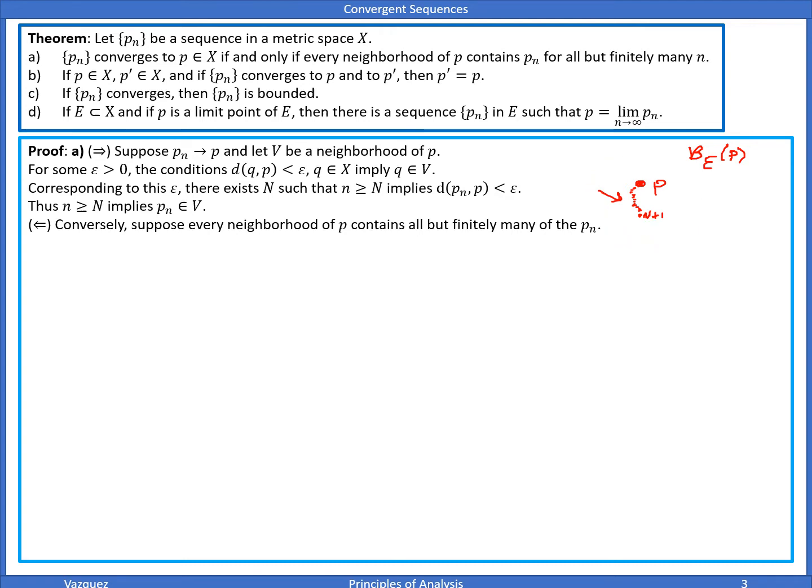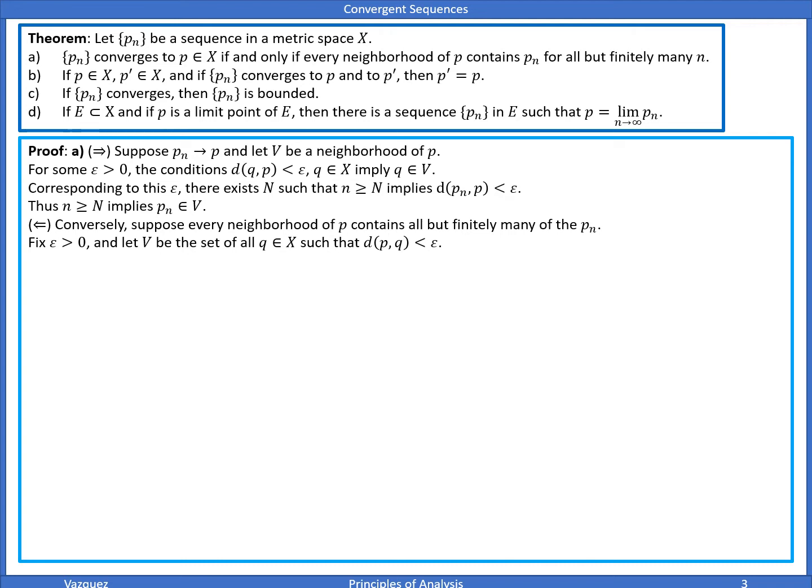The next direction, we're saying, suppose every neighborhood of P contains all but finitely many P sub n. We're going to fix epsilon greater than 0 and let V be the set of all Q in X such that the distance between P and Q is less than epsilon.